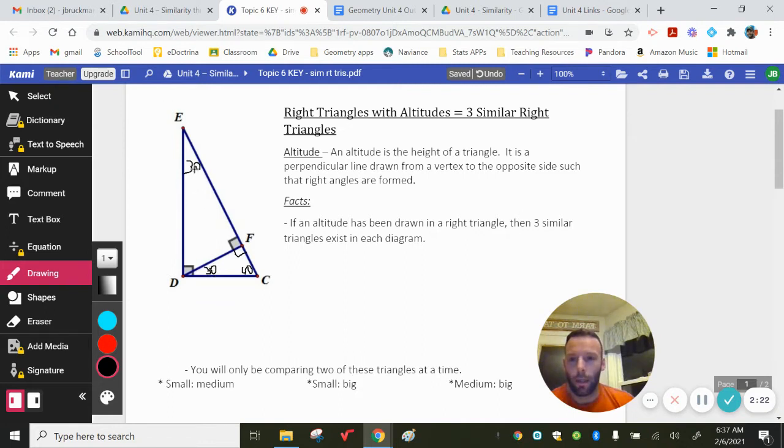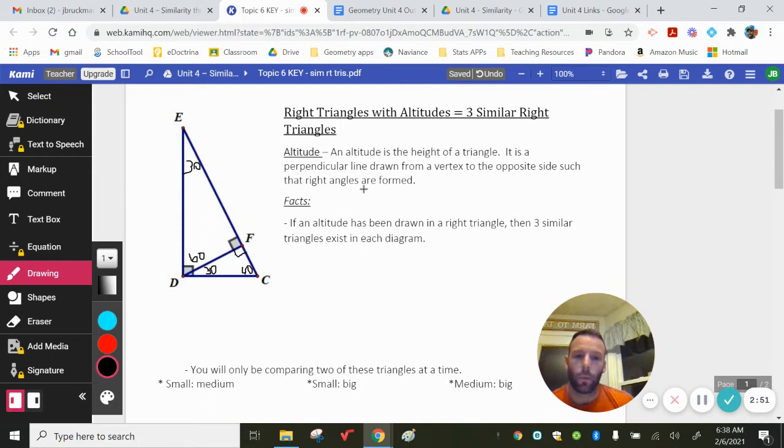And again, if that angle was 30, hypothetically, and we know that for sure this angle right here, the one that goes DFE, is 90, that means that this angle right here must be 60. So do you notice how now all the angles that we have are either a 30, a 90, or a 60? And when angles are congruent, that means the shapes are the same. That means the triangles are similar.